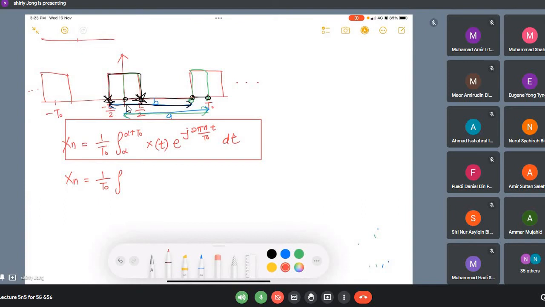You understand now, class? I just want to say that whether you use A or B, it is also the same.